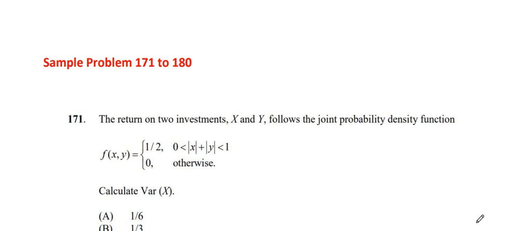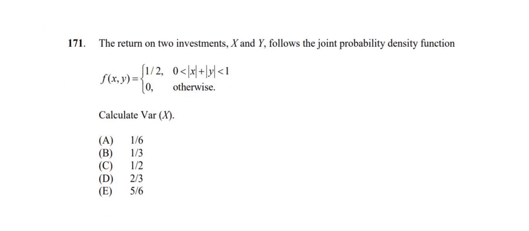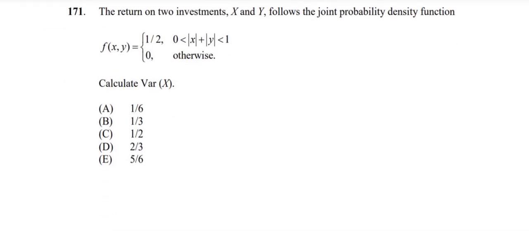Okay. So problem 171. It says we want to find the variance for this x. We want to calculate the variance. So here the two variable distribution. So find this Vx. So we can have two ways.